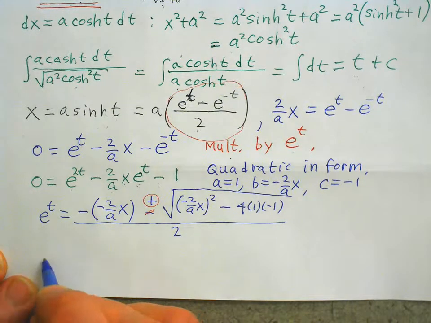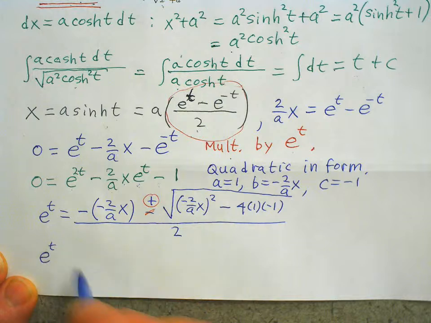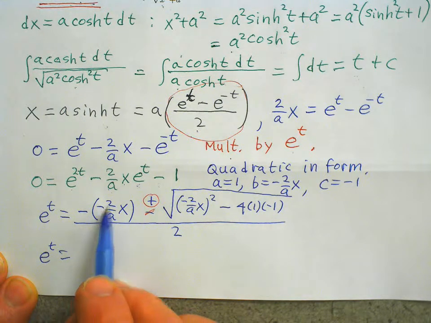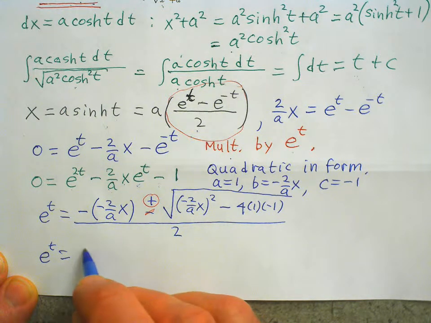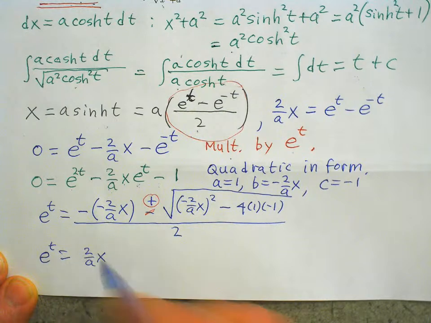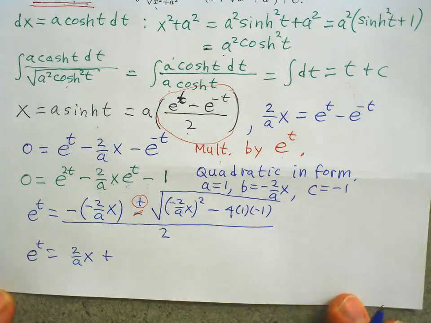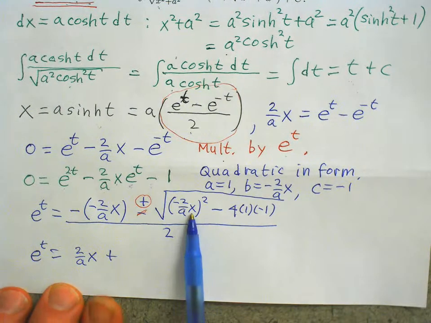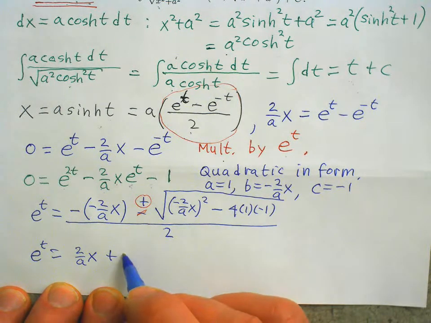Okay, so just a little bit more arithmetic and algebra. The negative of negative 2x over a is 2x over a, and then plus. So inside the square root, I'm going to have to pull out another piece of paper, I think.